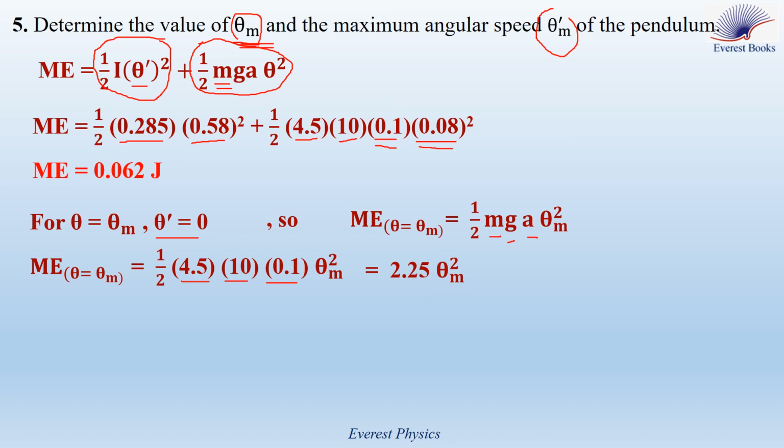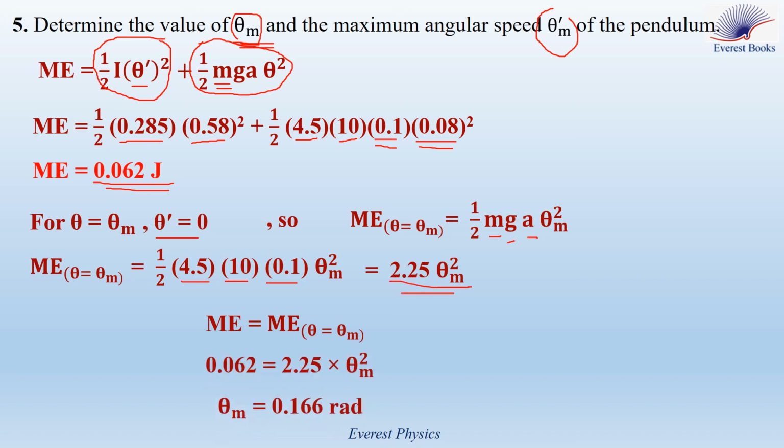Now, to determine the value of theta m, we will apply the principle of conservation of mechanical energy. So ME, which is 0.062 joules, is equal to 2.25 theta m squared, and the answer is theta m is equal to 0.166 radians.